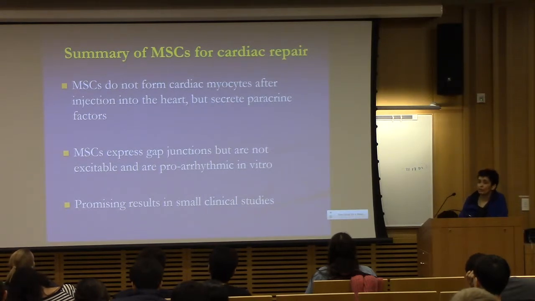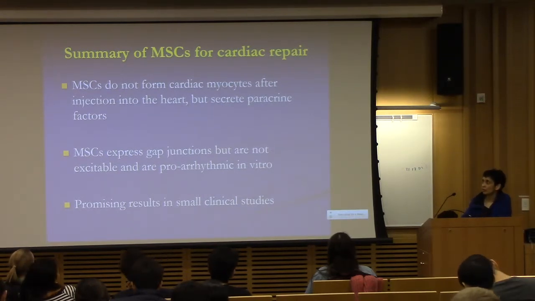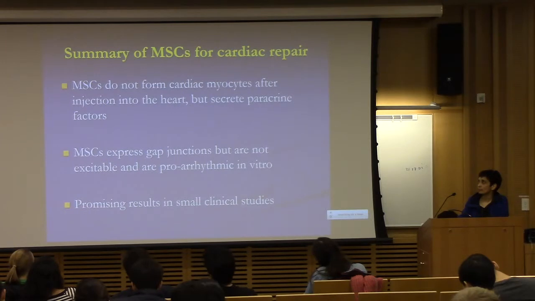So of all the cell types, at least in the bone marrow, mesenchymal stem cells are the ones that are still in clinical trials, because there's no better cell, and it's easy to obtain. And so now, in addition to mesenchymal stem cells in the bone marrow, there are also stem cells in adipose tissue that are in clinical trials.